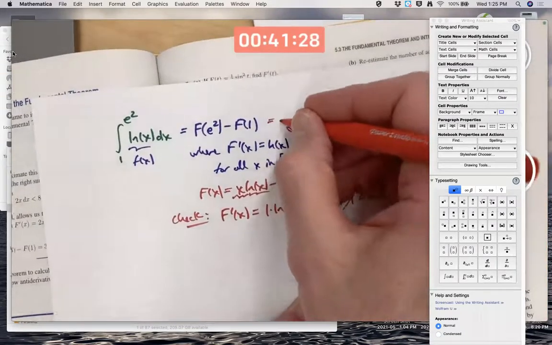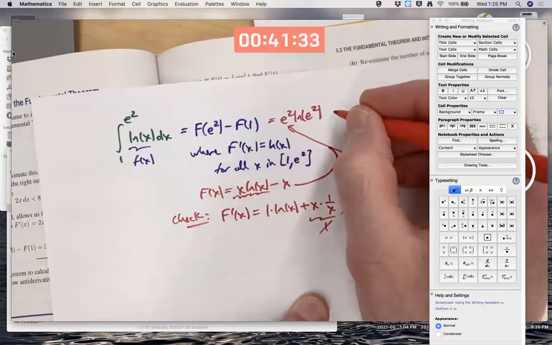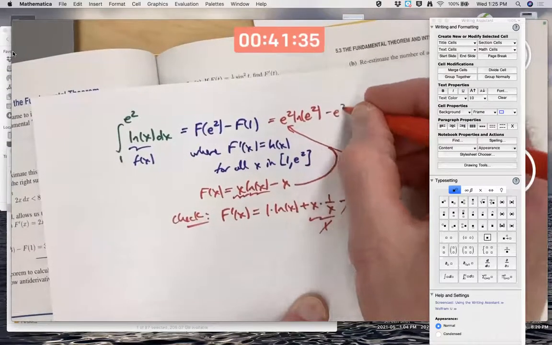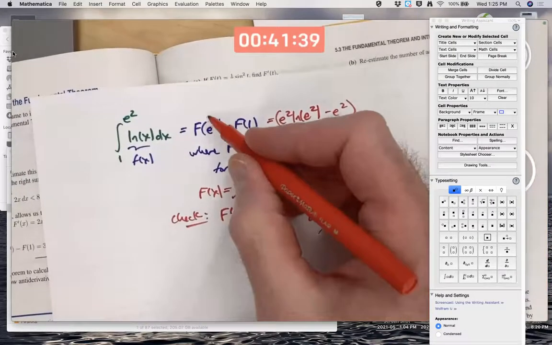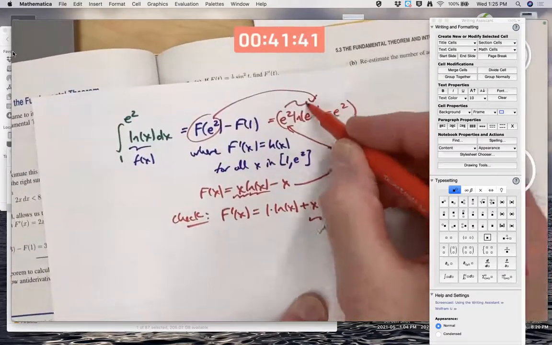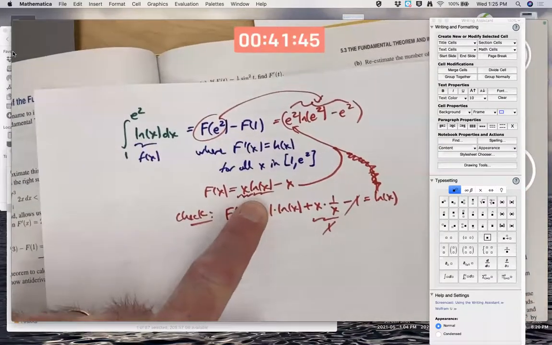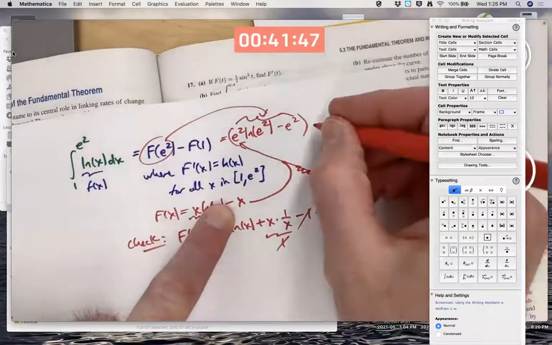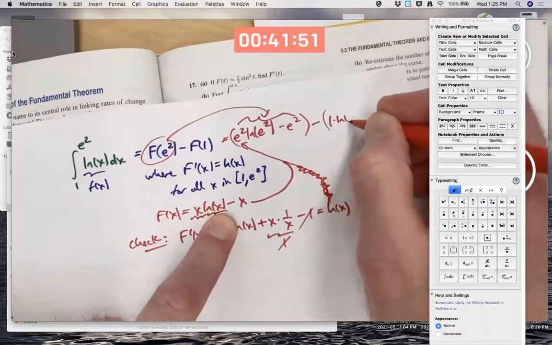So I'm going to get e squared natural log of e squared minus e squared. That's capital F of e squared. Right? I'm plugging into this. Subtract what I get when I plug in x equals 1: 1 times natural log of 1 minus 1.